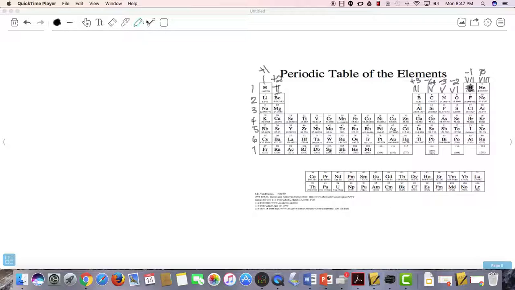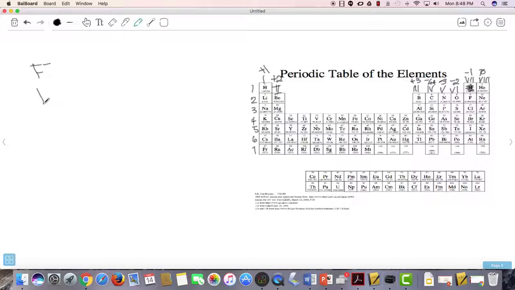So, making sure we understand why these ions are forming. When we look at fluorine, fluorine is a halogen, and it has a charge of negative 1.